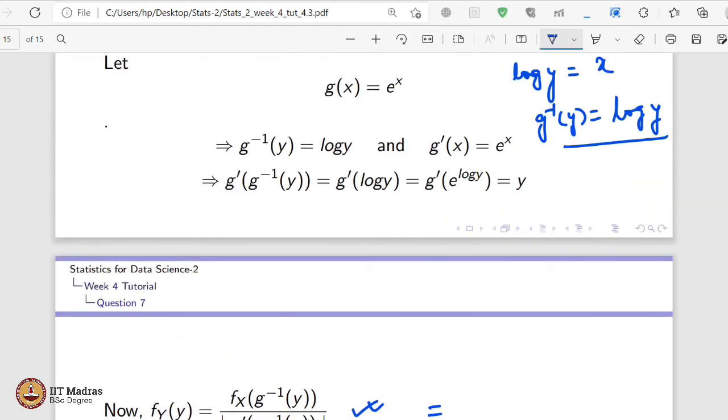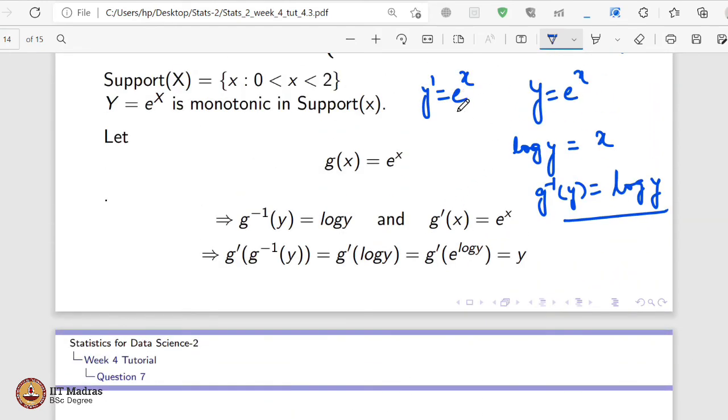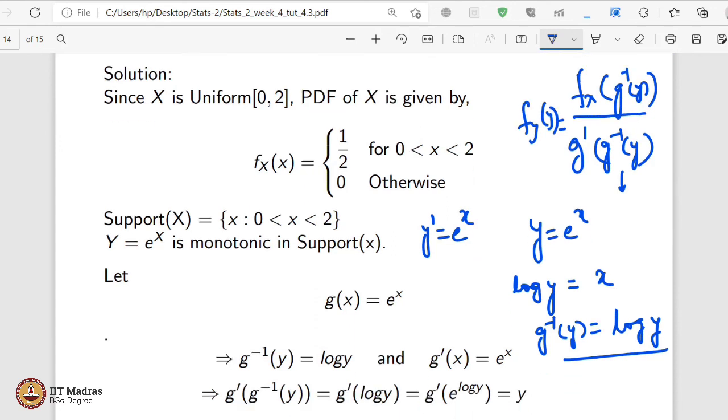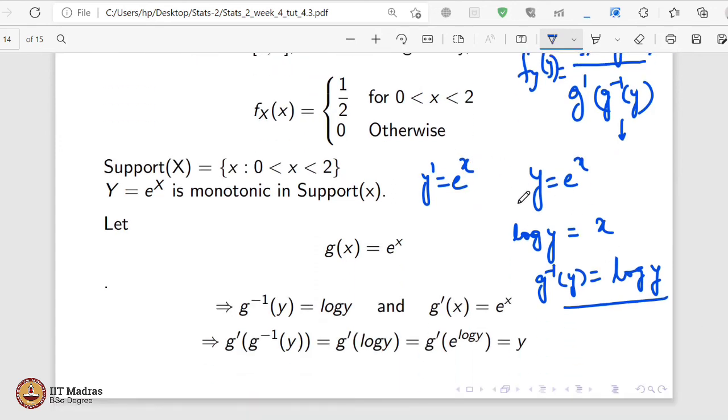In the denominator, what we have to put is g dash of g inverse of y. So wherever we have x, we can directly put that inverse. So exponential of log y is what? y, right? This is the basic property of logarithm.